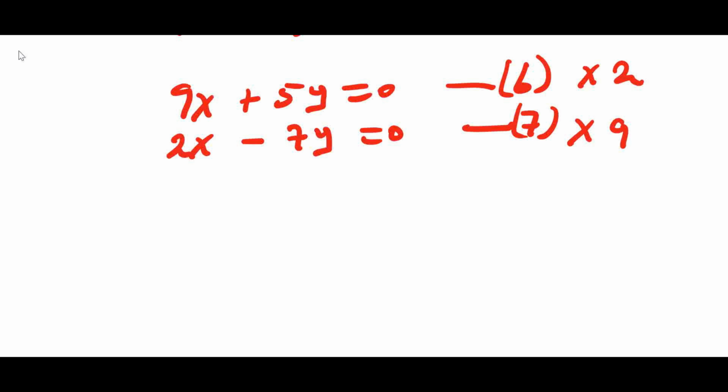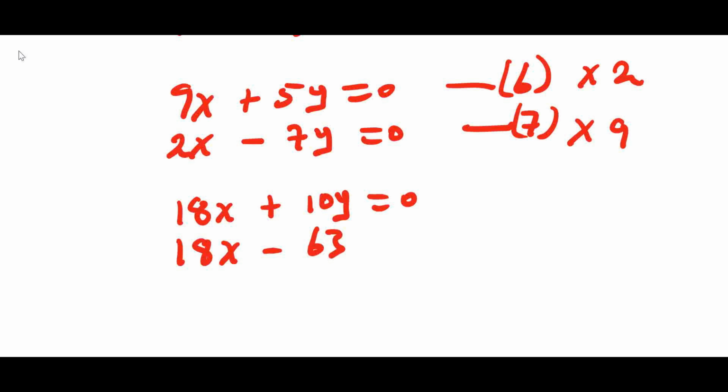So 2 times 9 is 18x. 2 times 5y is 10y. 2 times 0 is 0. 9 times 2 is 18x minus 63y equals to 0. Equation 8, equation 9.